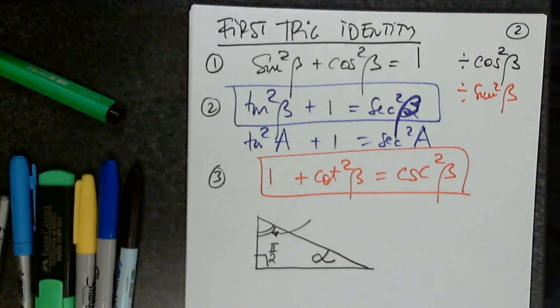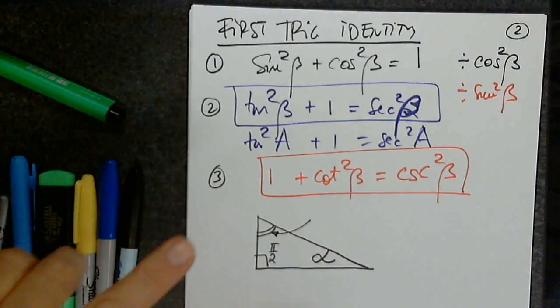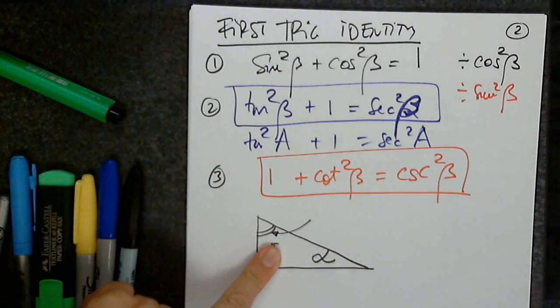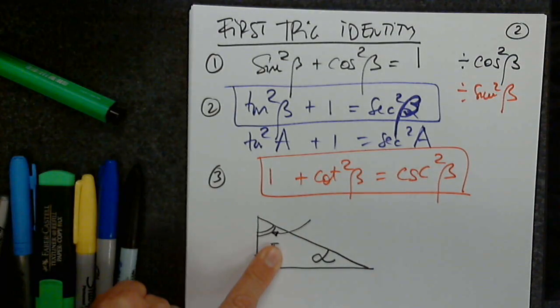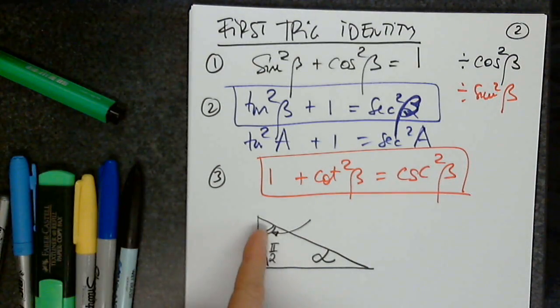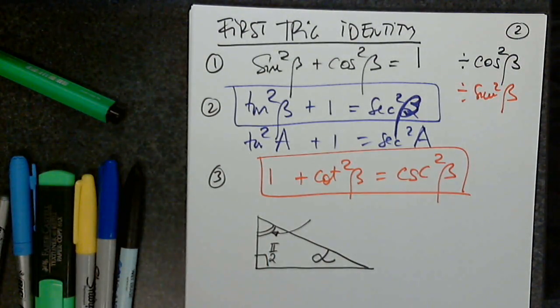We know that the sum of all angles in a triangle is 180, so this plus this must be 180. Do you all agree? Okay. Then if this is already 90 degrees, the sum of these two must equal 90. So then this angle must be 90 minus alpha.